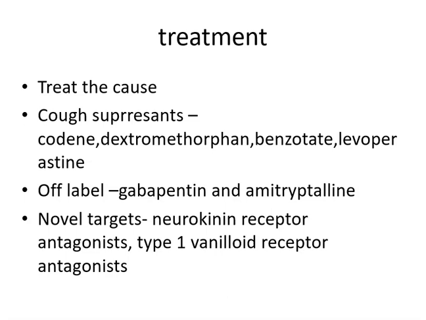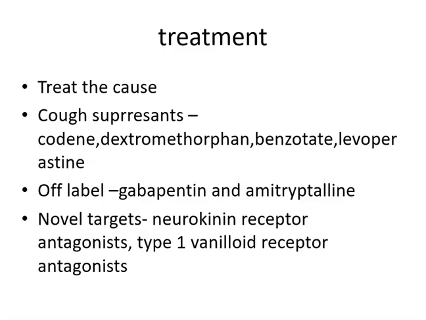There are off-label drugs such as gabapentin and amitriptyline that can also be used, but they are not approved. Research is now underway on novel targets such as neurokinin receptor antagonists and type 1 vanilloid receptor antagonists.